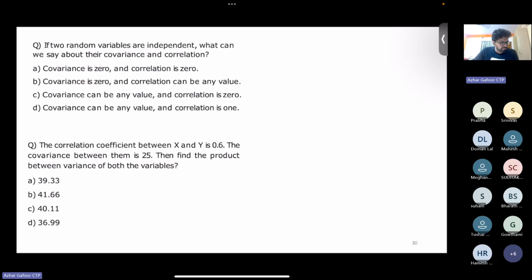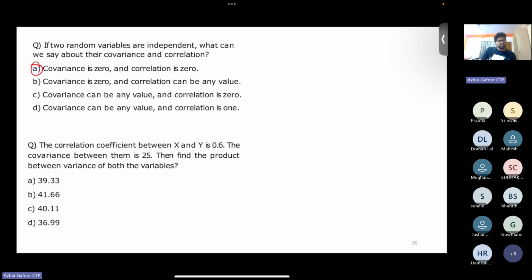If they are independent, the covariance will be equal to 0, as we have seen in one of the problems before. If one thing happens, it cannot affect the other variable. So the correlation is also equal to 0.